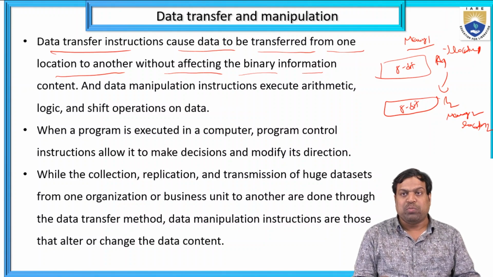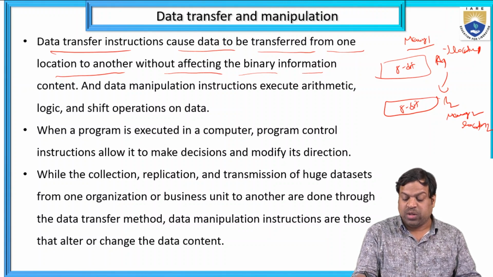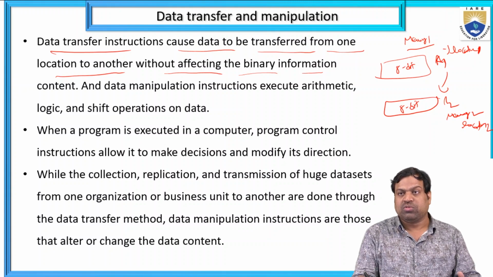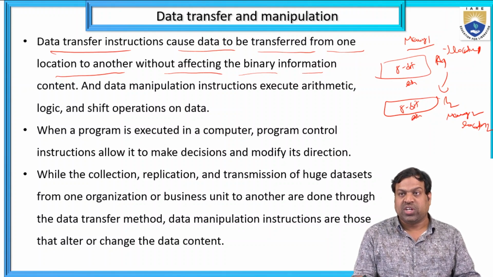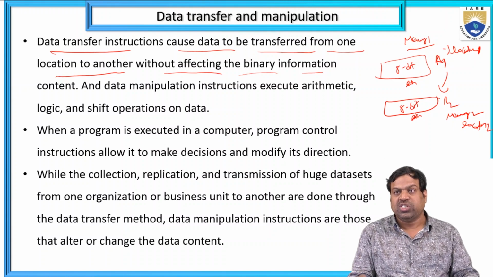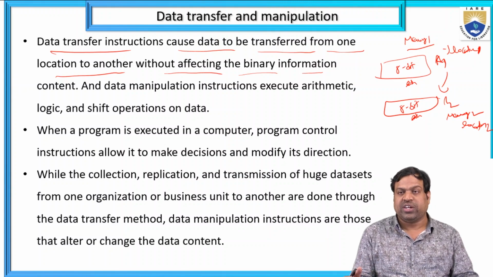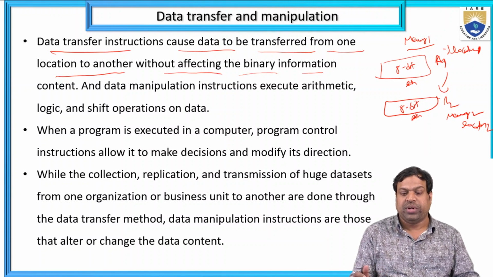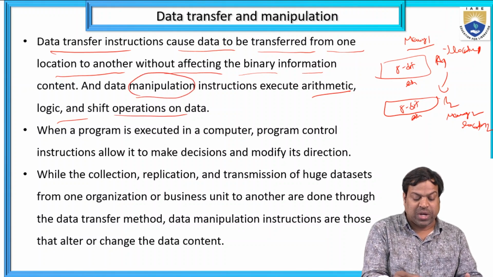And data manipulation instructions execute arithmetic, logic, and shift operations. What we are discussing here: the same data R1 is copying to R2, and nothing is changed in that. But if I use the R2 register for arithmetic, logic, and shift micro operations, that is called manipulation.